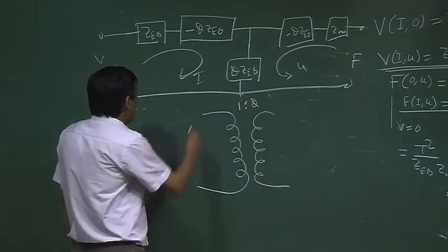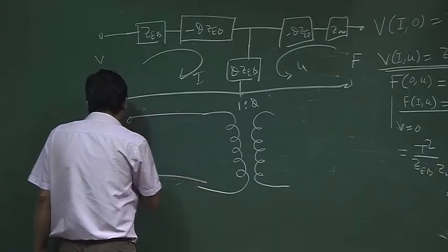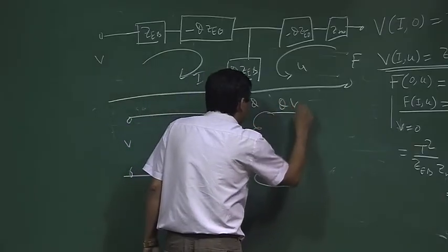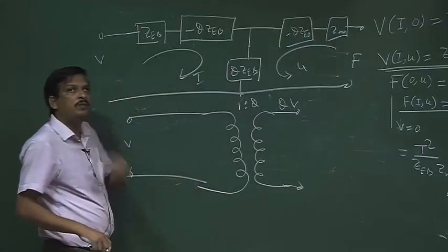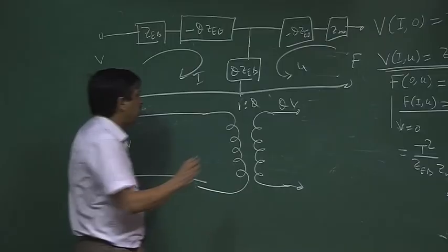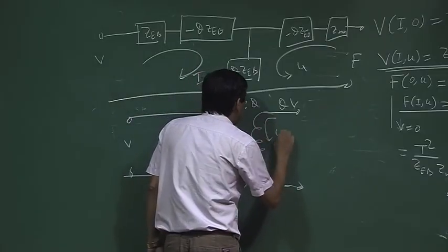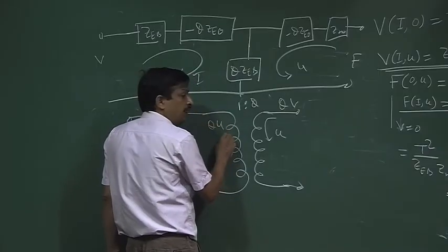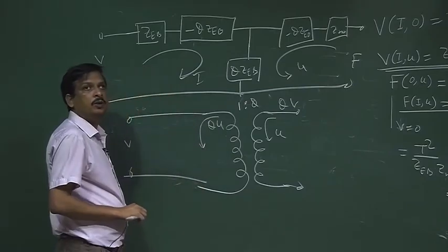Okay. So, if I apply a voltage V in here, it will induce phi into V voltage in here, because the turns ratio is 1:phi. Is that okay? And if a current U is flowing in here, it induces phi into U current in here. Okay.